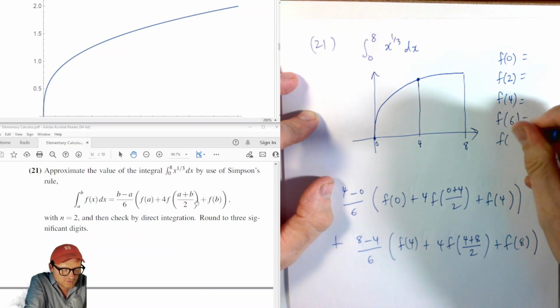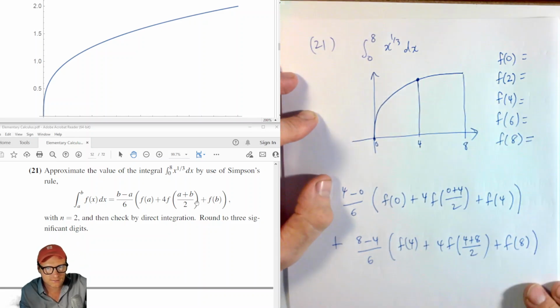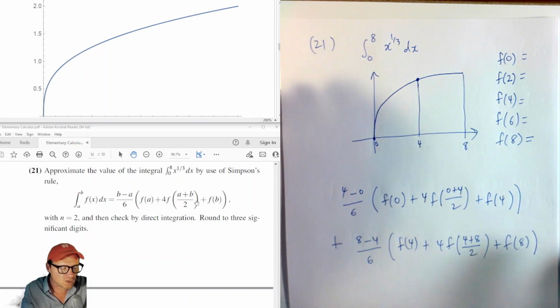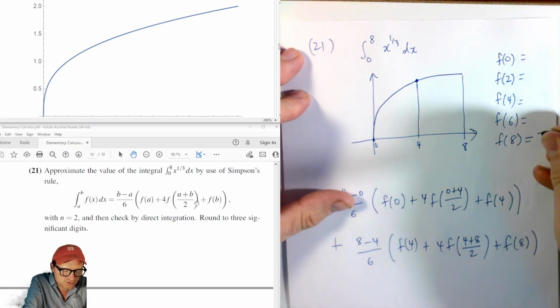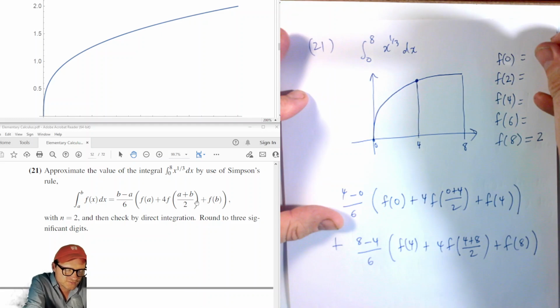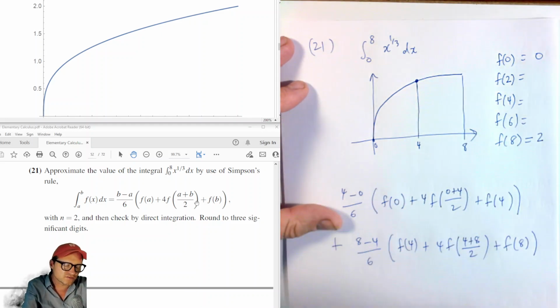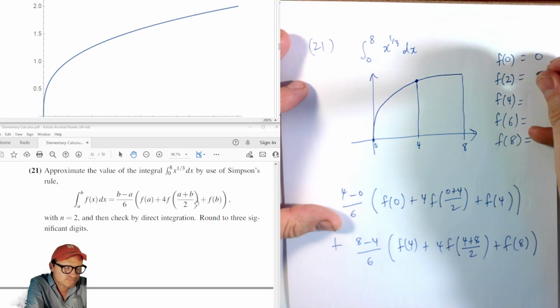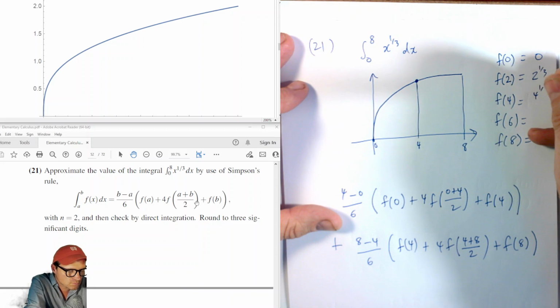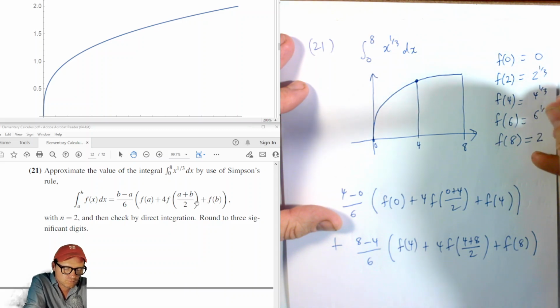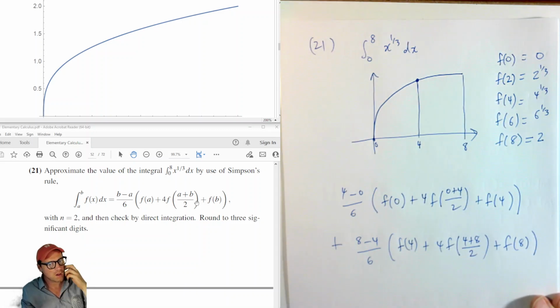And then we need f of 8 to do this. Okay, now the cube root of 8 is 2. The cube root of 0 is 0. So we need to take the cube roots of these numbers and then sub these in here.